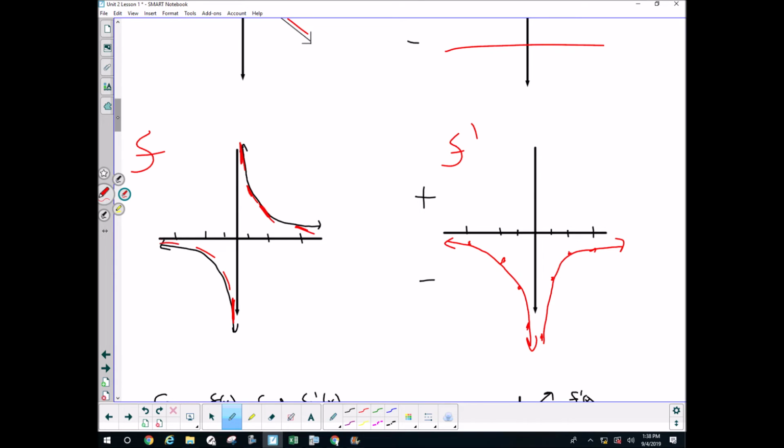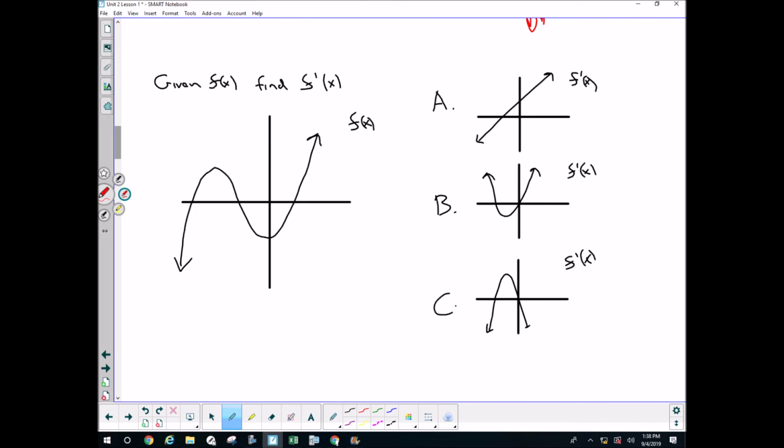All right, quick test before we move on, and we actually find the expressions, the equations for these tangent slope generating functions, which we now know exist. If this is f, what is its f prime tangent slope generator? It's either A, B, or C. Circle the correct answer and check with your neighbor.